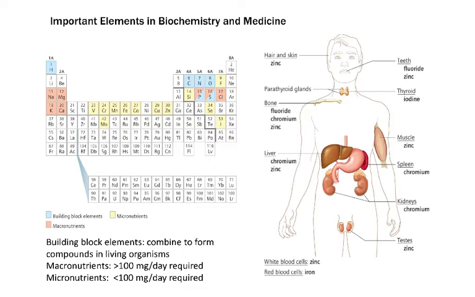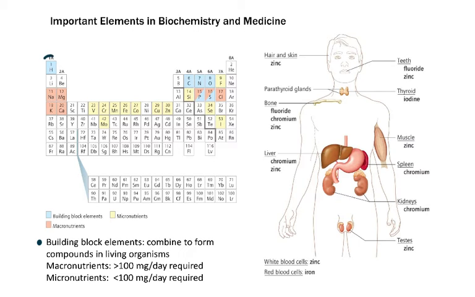So there's kind of three main types that we're going to look at. One is the building block elements. So these combine to form the compounds in living organisms, so the ones that our bodies are made up of. These are also ones that will show up most often in organic chemistry, right?